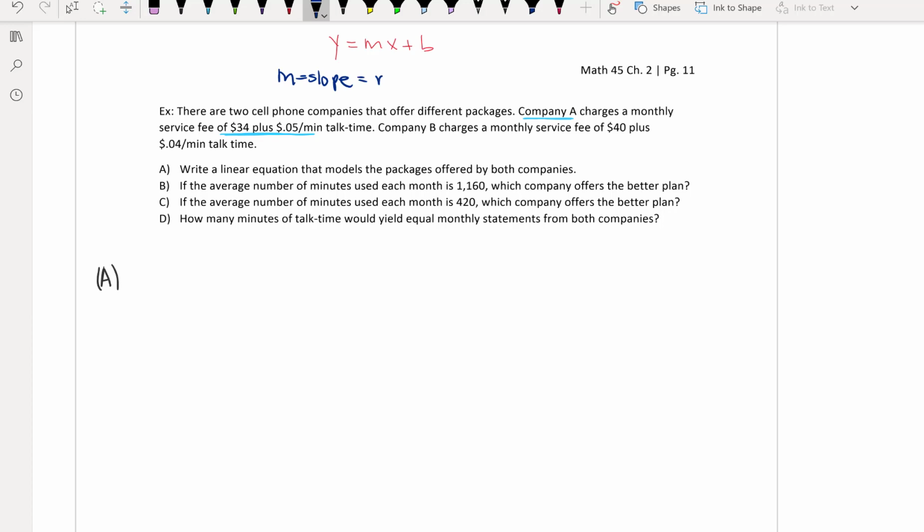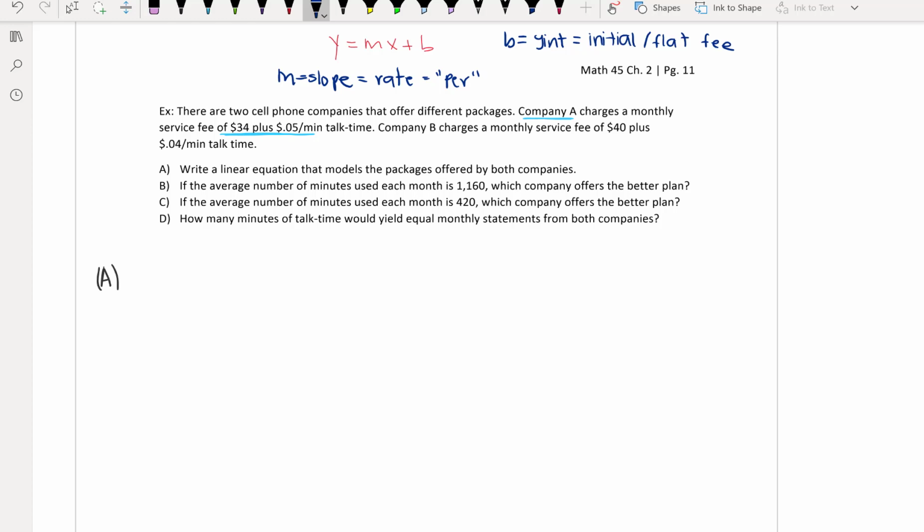It's also our rate, and it's also whatever it has that per, okay? The other thing that we have here is going to be our b value. Our b value is usually our y-intercept. You can usually call that your initial or flat fee. That'll help us with some of the language here.